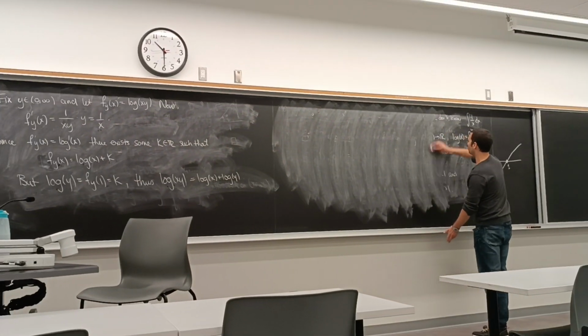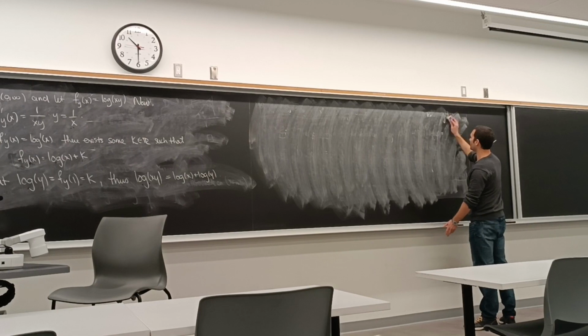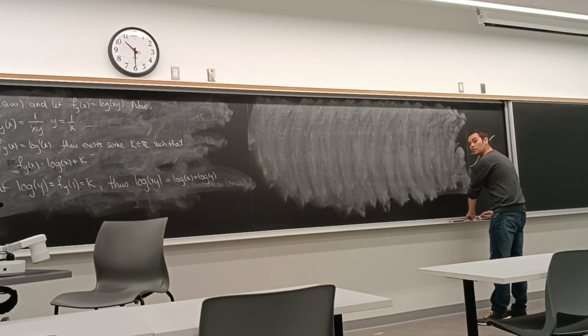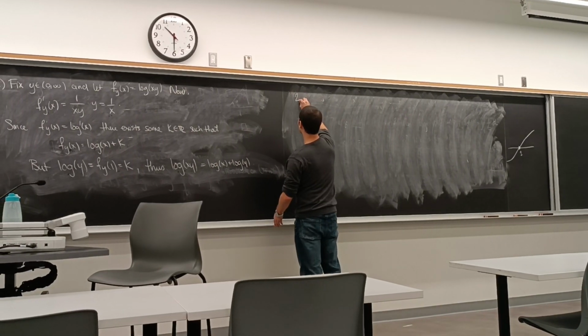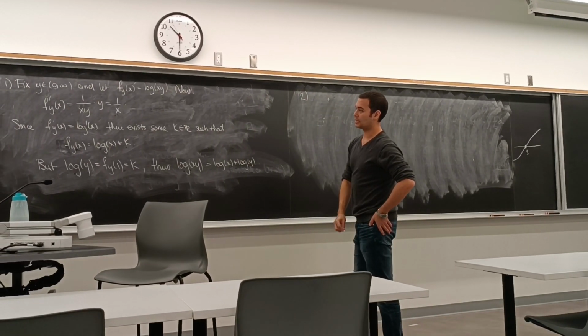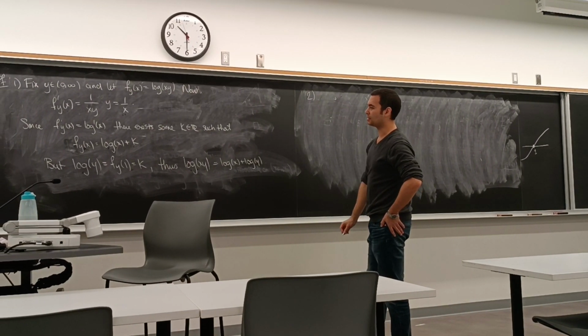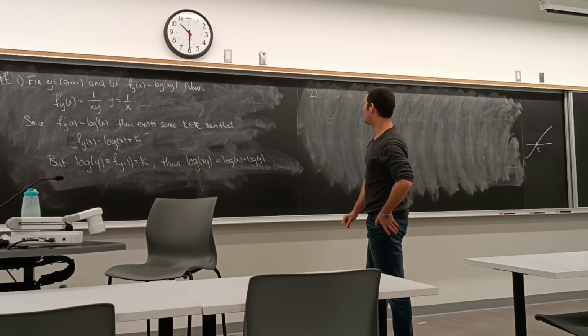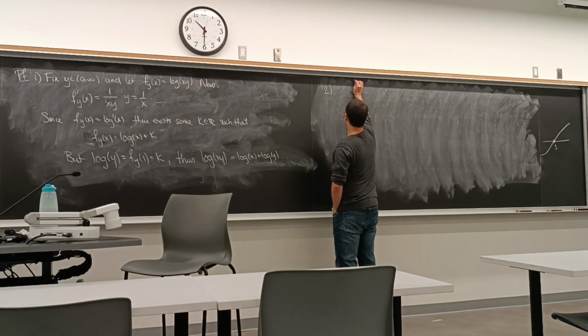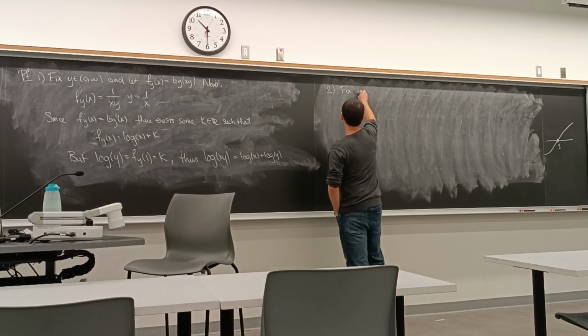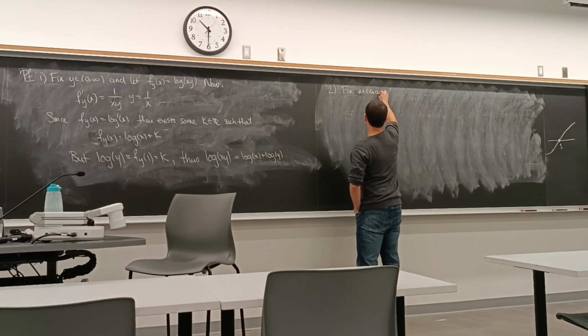All right, 2. Now this is a fun one. In fact, I think I made you do something very similar to 2 and 3 earlier in the year. So fix x in 0 to infinity.